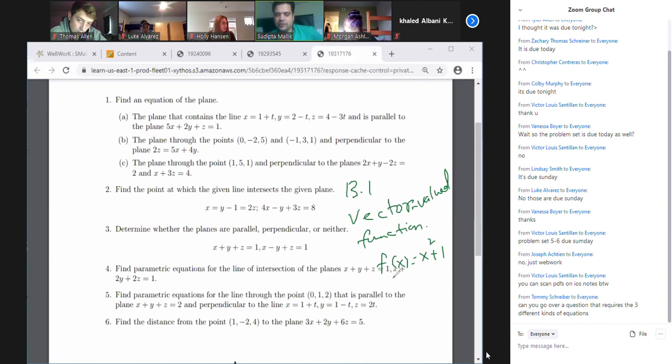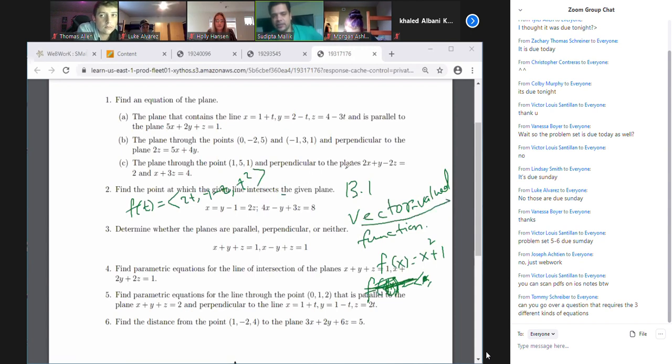But now vector valued means you're applying a function of t, and then you get a vector, some form of vector. Maybe 2t, minus 1, minus t squared. So the output is a vector. That's called vector valued. It represents a curve in 2-dimensional or 3-dimensional space. So read about it, and we'll discuss tomorrow.